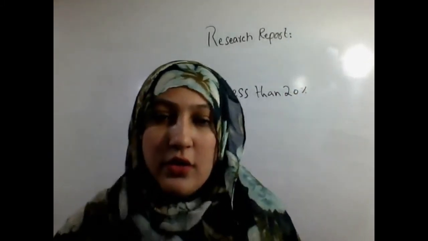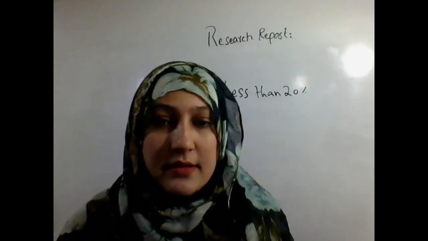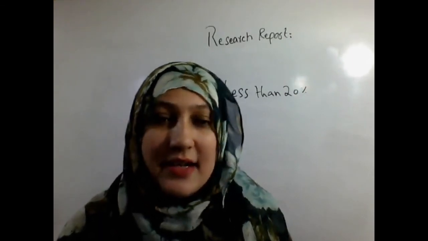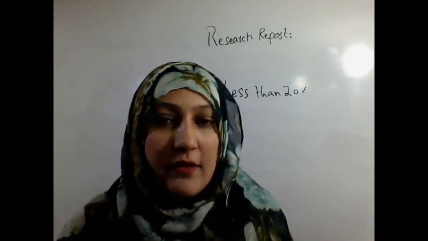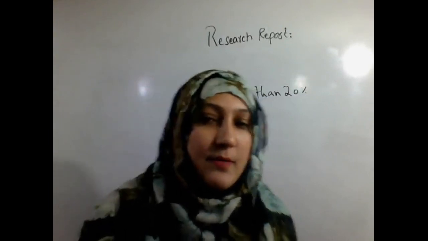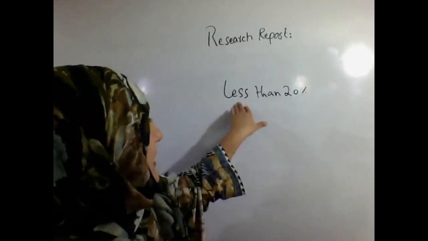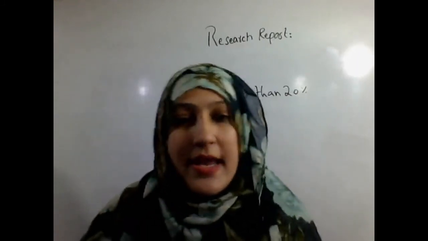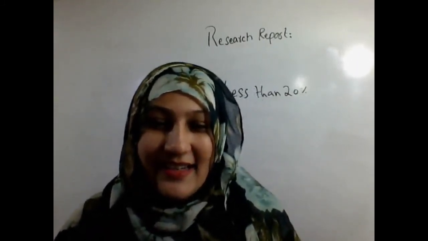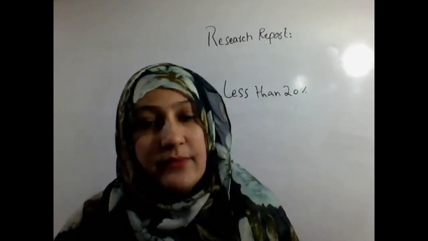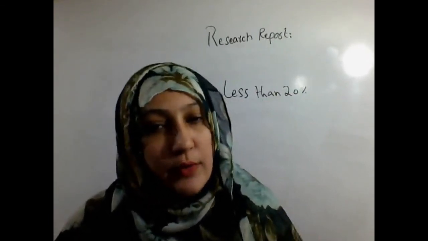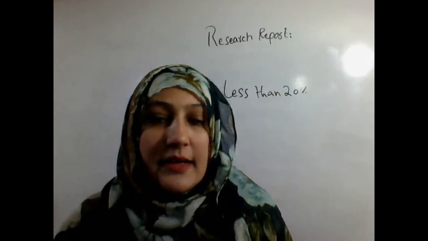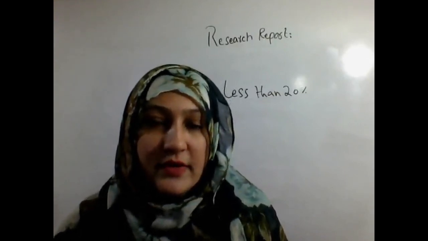So, if you write by yourself and in your own words, you get a much better report the first time, that is less than 20%. But if you only copy and paste, then it has plagiarism, so you have to remove it. This is all about research report writing.